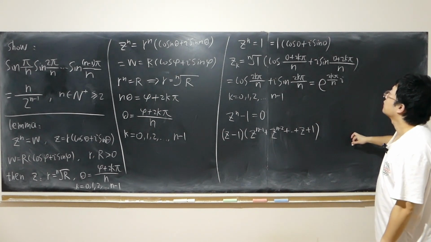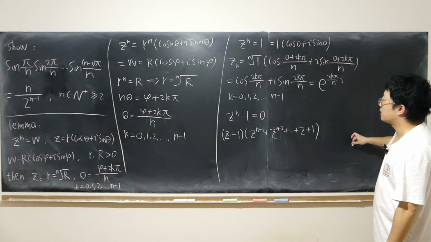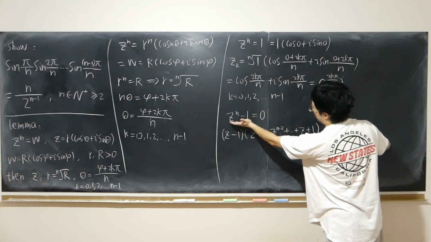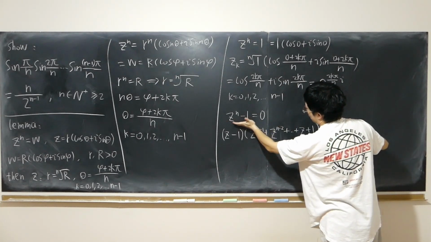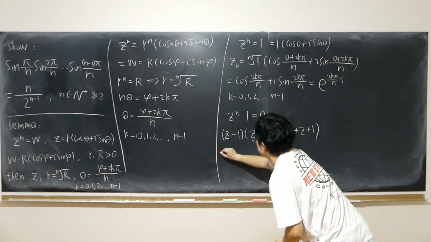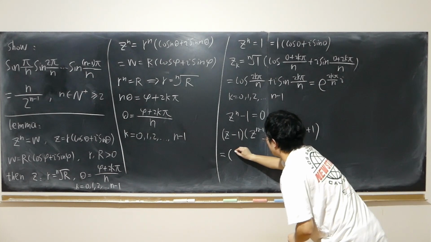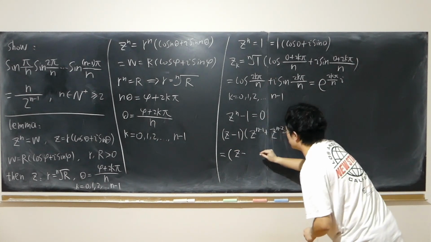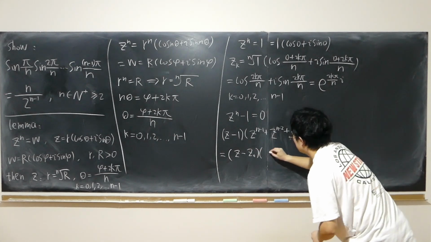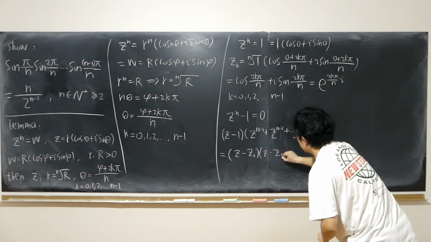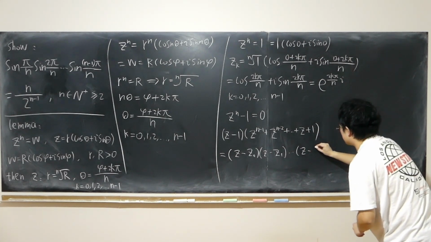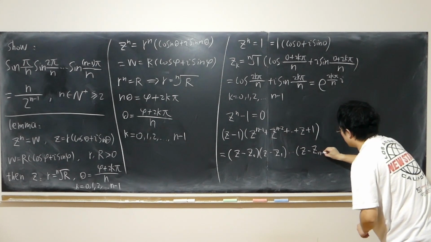At the same time, since we have that many roots, we can factor it into several factors, where each factor is z minus the first root, z naught, z minus the second root, z1, all the way to z minus the last root, z sub n minus 1.